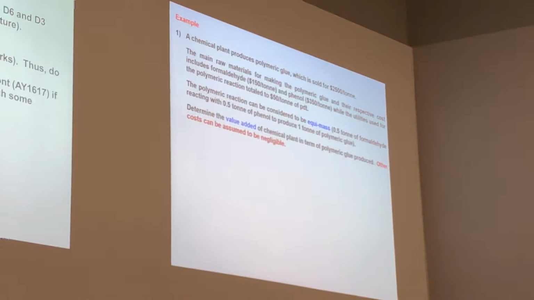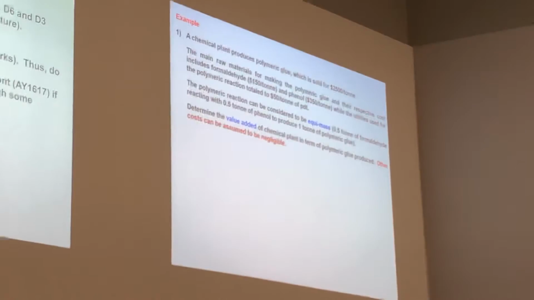Equimass: 0.5 tons of formaldehyde reacts with 0.5 tons of phenol to give you 1 ton of polymeric glue, right? The utility cost, everything, maybe the repair cost, the rental of the space, the reaction, the electricity, or whatever comes up to $50 per ton of product.